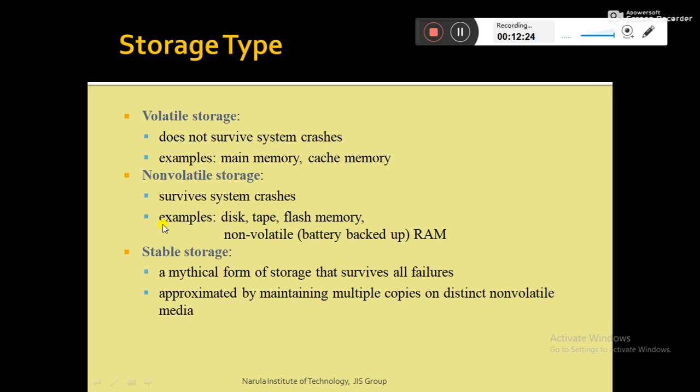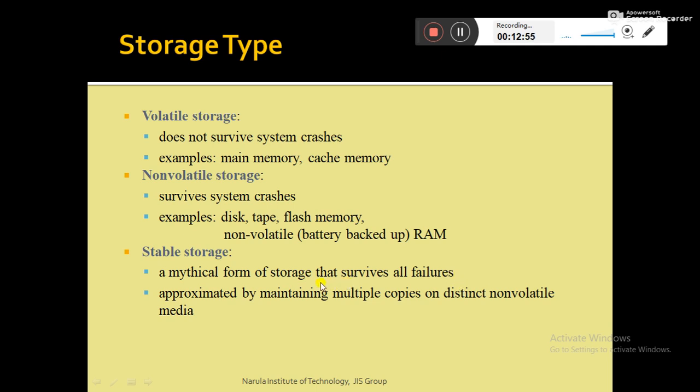And apart from these two, volatile and non-volatile storage, we have another one which is known as stable storage. The most important difference between stable storage and volatile and non-volatile storage is that stable storage can theoretically survive all kinds of failure. It's a mythical form of storage that survives all failures.